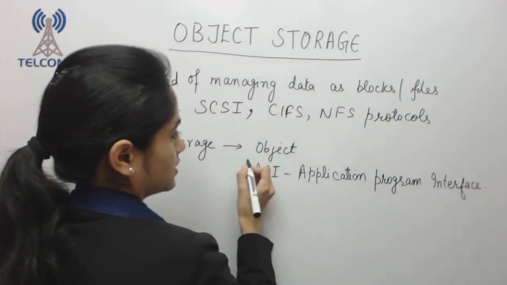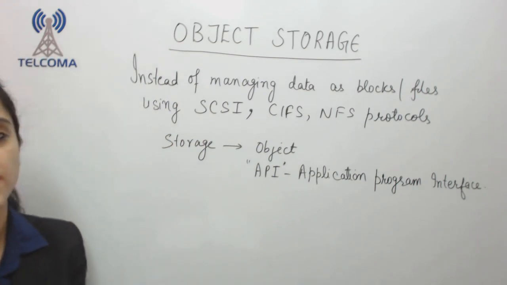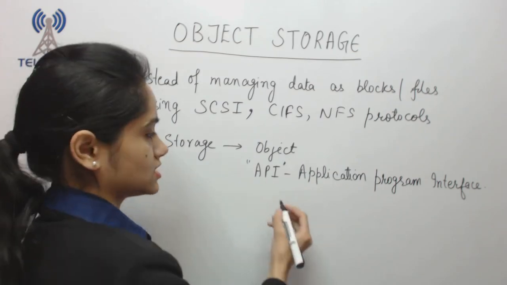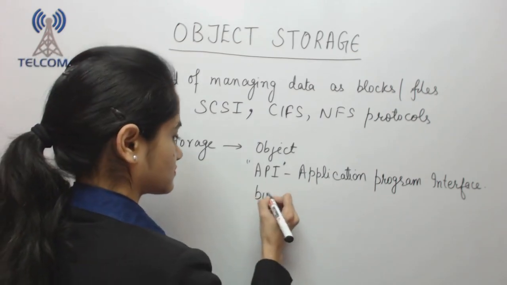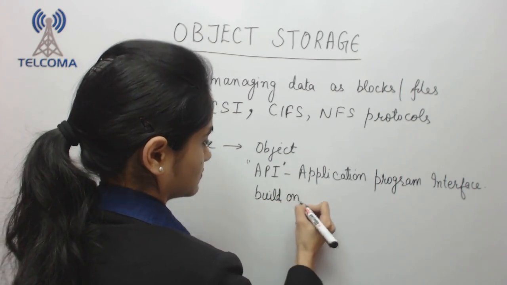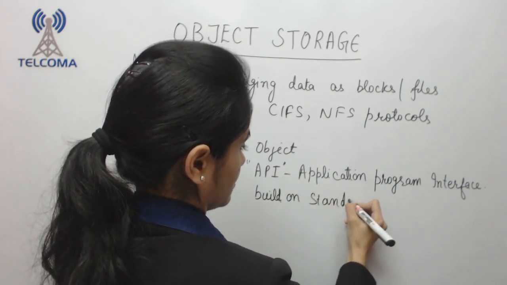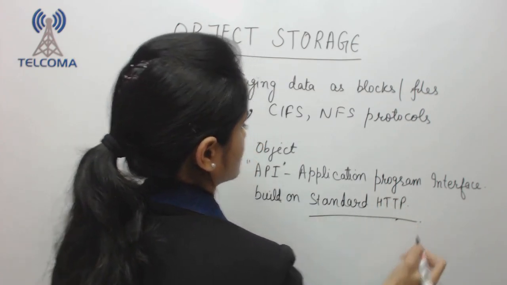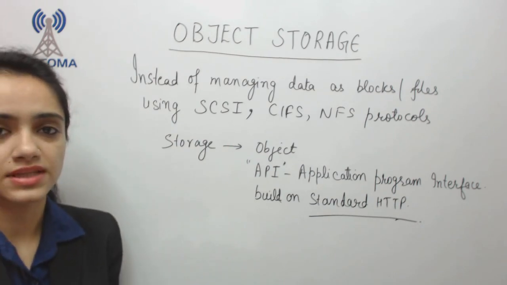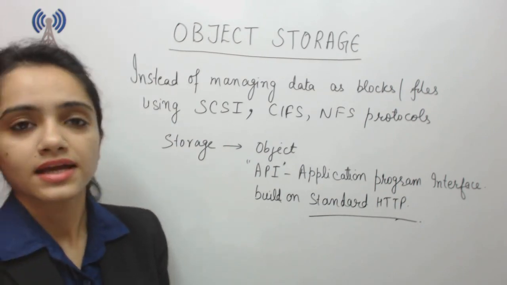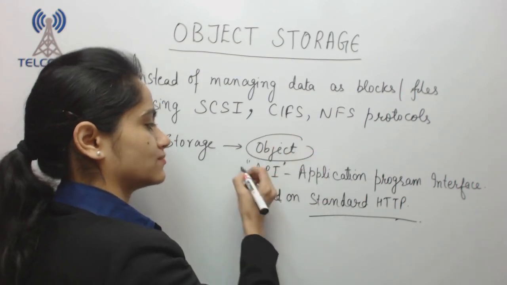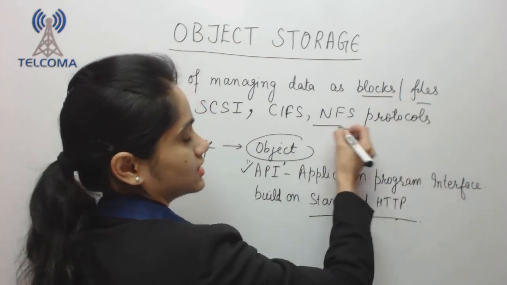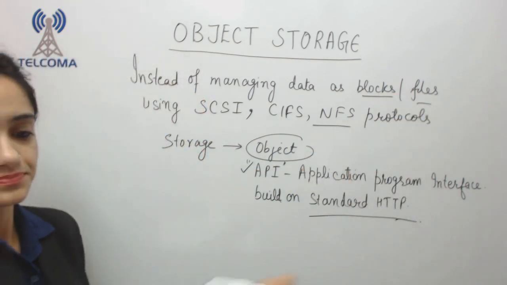This API is built on standard HTTP, the Hypertext Transfer Protocol system. So Amazon S3 is using object storage which is built on an API, rather than using storage in the form of blocks or files with these kinds of protocols.